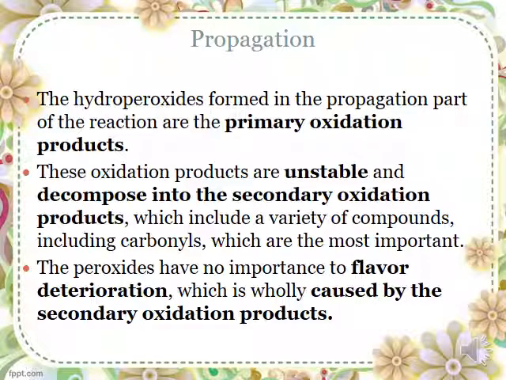So the hydroperoxide that is formed in the propagation step just now is named the primary oxidation product. And these primary oxidation products are unstable, so they decompose into secondary oxidation products. Secondary oxidation products include carbonyls and aldehydes, which are responsible for the rancidity of food.